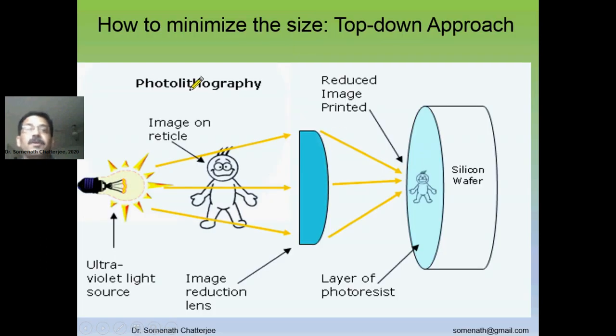Now what is the top-down approach? I already told you, photolithography: photo means light, litho means stone, graphy means writing. So using the light, you see that this is the image we want.